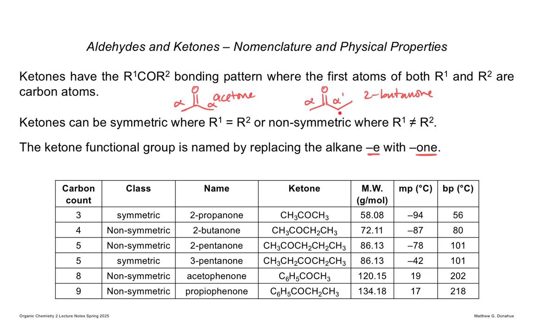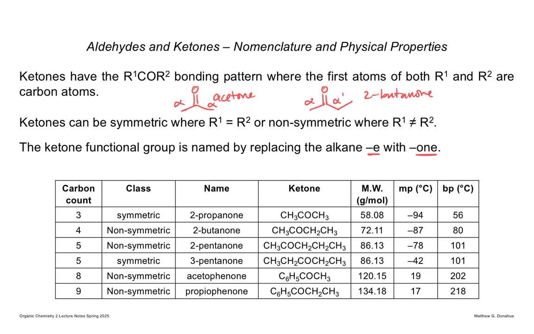But with a non-symmetric one, now you have a choice, alpha versus alpha prime. And so we'll get into the nitty-gritty details of that. How do you select alpha versus alpha prime? And a lot of that gets back to the choice of what base we're going to use to affect a reaction.